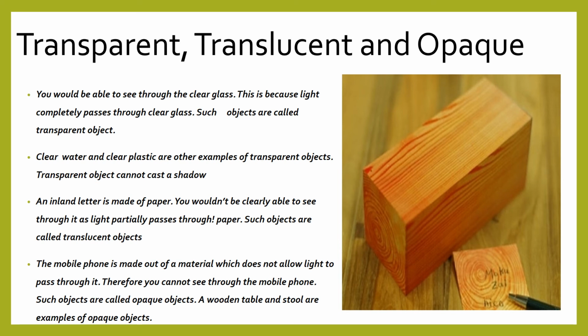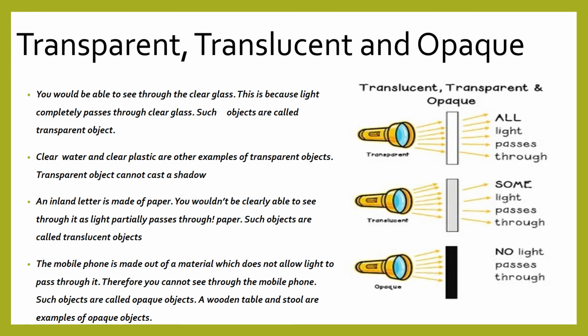An opaque object does not allow light to pass through. That's why, what will be the result of that? If the light doesn't pass through the object, you can see the shadow of the object. So an opaque object is capable of forming a shadow.